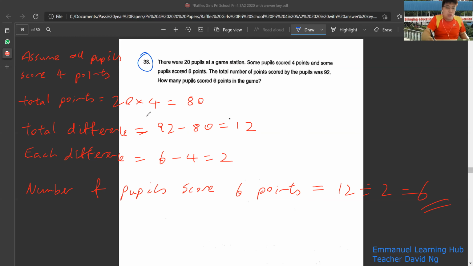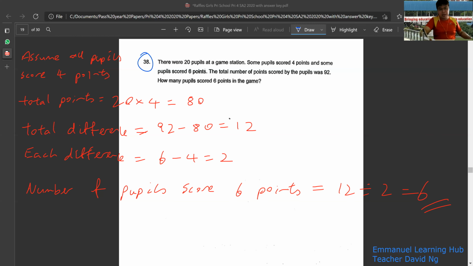So you need to minus off what you assume. So you have some difference. Then the difference is because somebody scores 6 points. Then each difference is 2 points. So you need to see how many differences there are. The number of differences is the number of students that score 6 points.